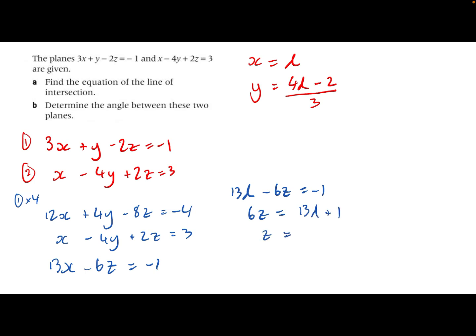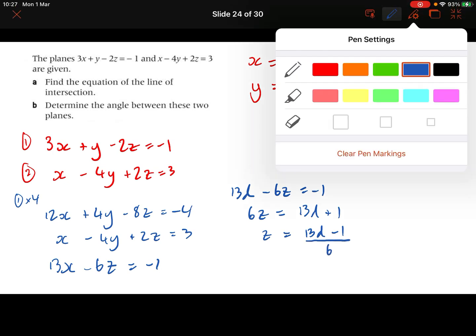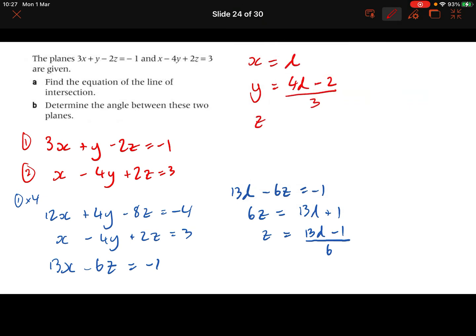So z is going to be (13 lambda plus 1) over 6. And there we have the parametric version of my straight line.